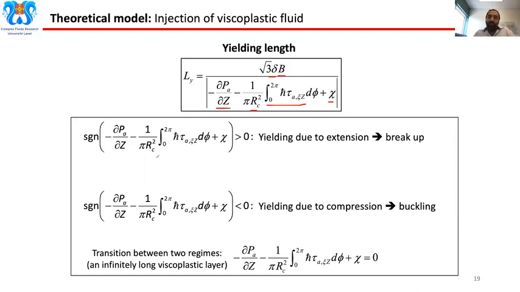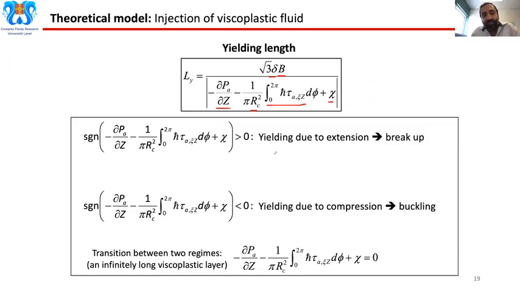Looking at this equation, it's easy to see that if the denominator is positive, the yielding is due to extension and leads to breakup. And if the denominator is negative, yielding occurs due to compression and the flow buckles.